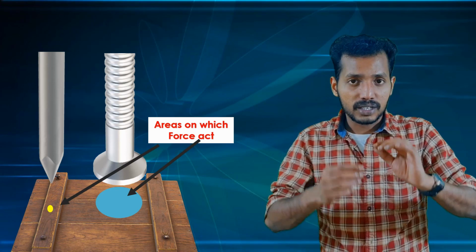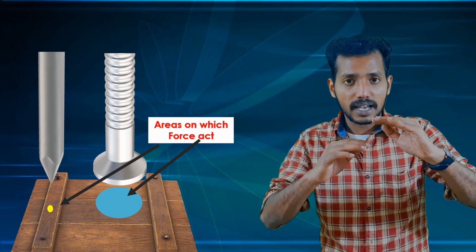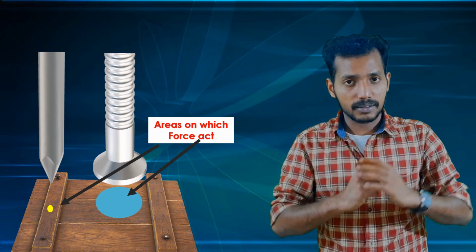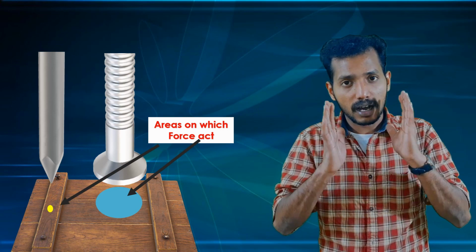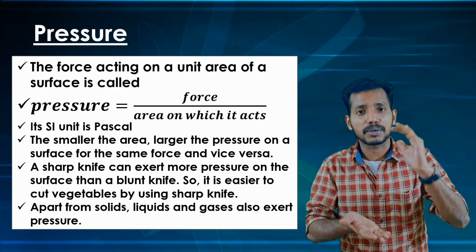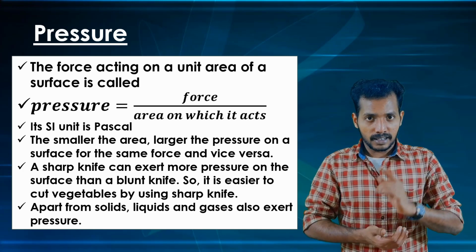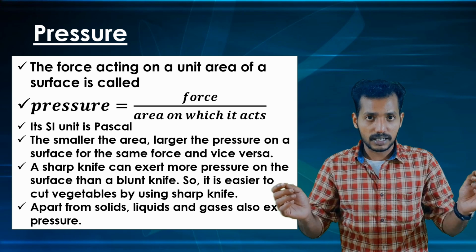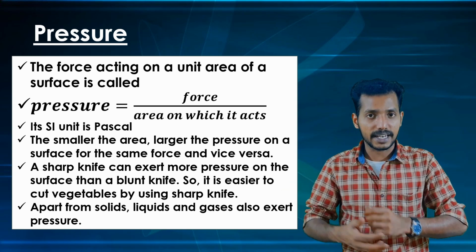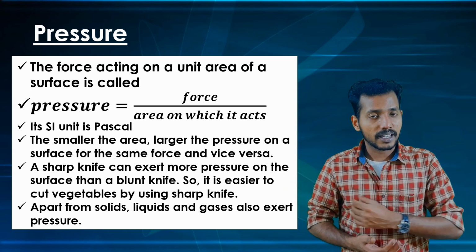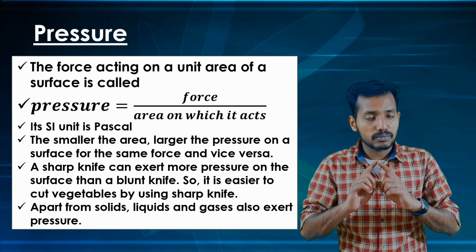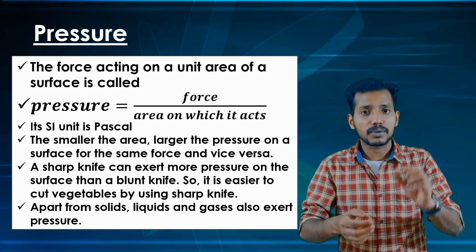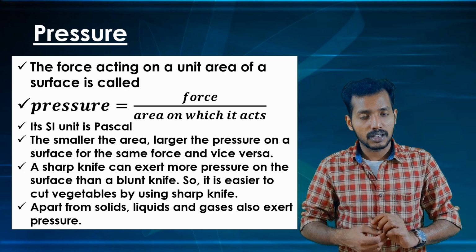So there is a connection between the force and the area. We call the force applied on a unit area pressure. Clear? Force applied on unit area is called pressure. That means pressure is equal to force divided by area. So in the first case, the area was too large, so the pressure was reduced.